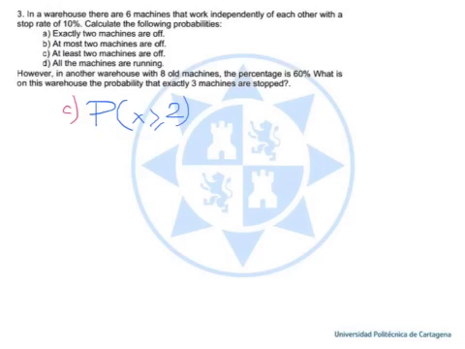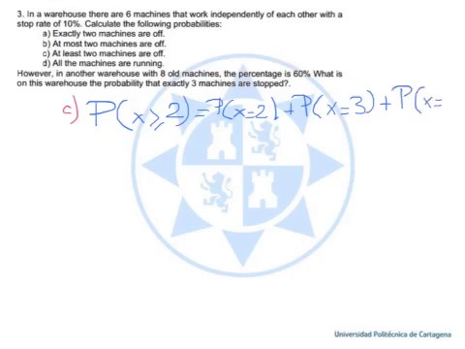Following the same procedure as in part B, we are going to expand this expression: it is equal to the probability that x is equal to 2 plus the probability that x is equal to 3 plus the probability that x is equal to 4 plus the probability that x is equal to 5 plus the probability that x is equal to 6.